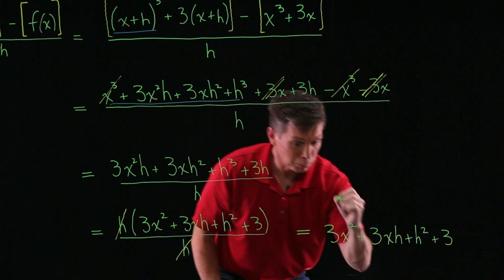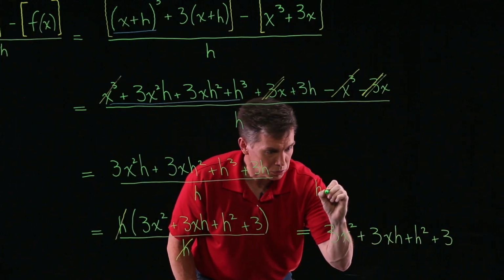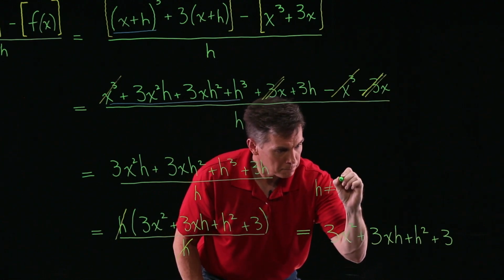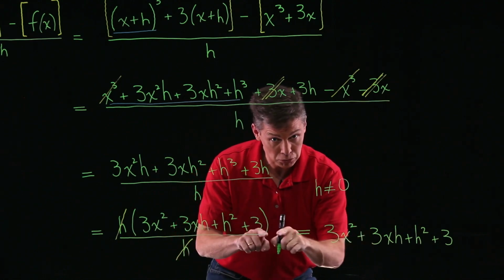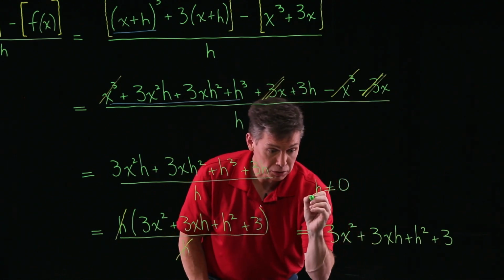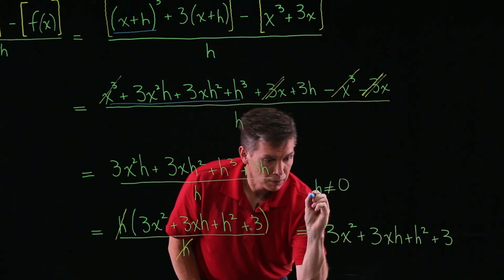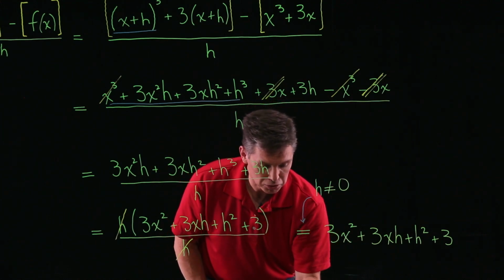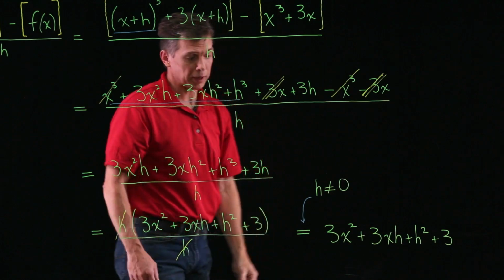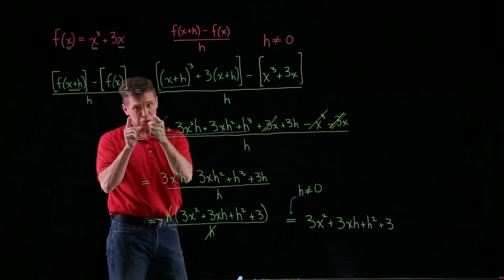And I would like that little byline of h not equals 0 somewhere. It's actually the only way these two last expressions are equal to each other. So that equation's only true when h doesn't equal 0. Okay? All right, good job. Practice more on your own.